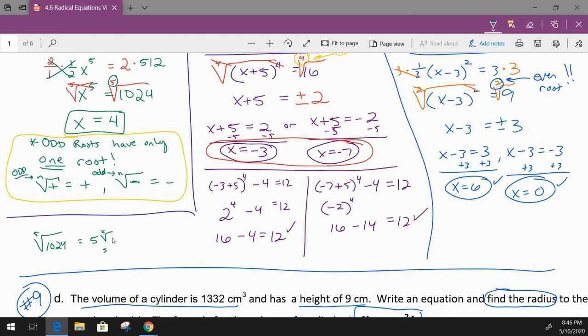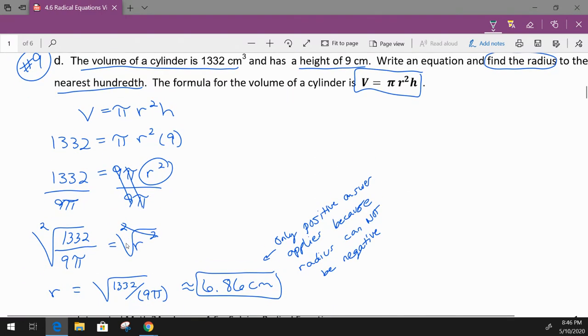So this would be second and then the arrow up. And then you would type in the 1024, and that will give you your 4. So if you have any questions on how to put in the calculator, please let me know, and I will try to help you with that.